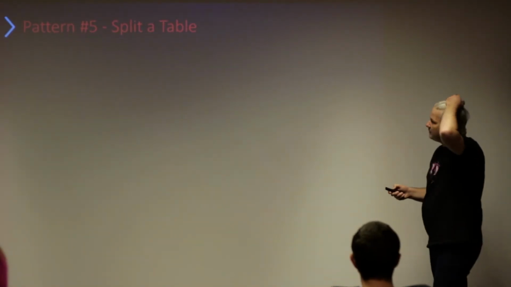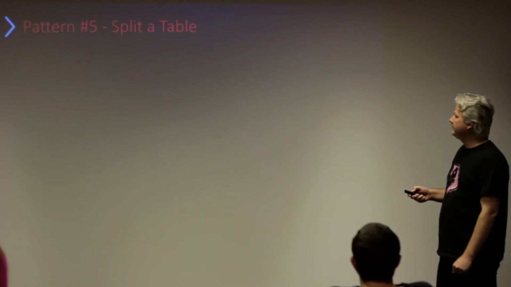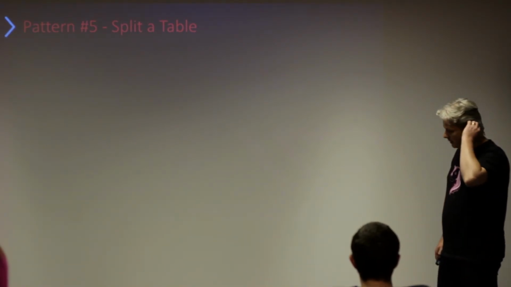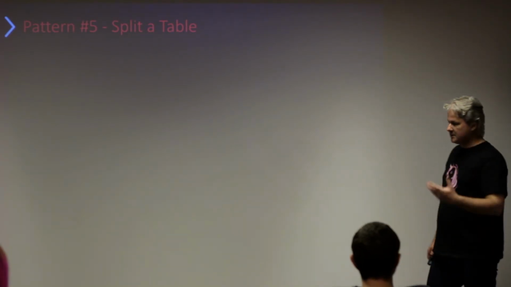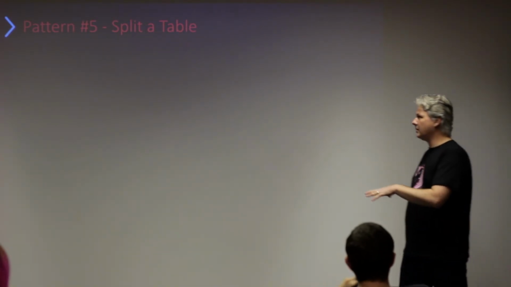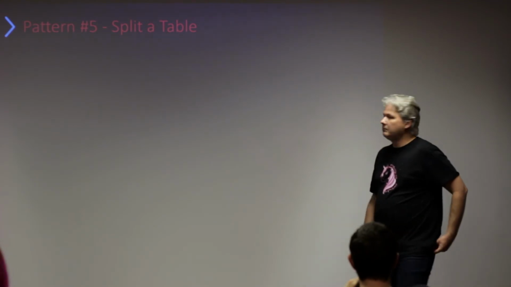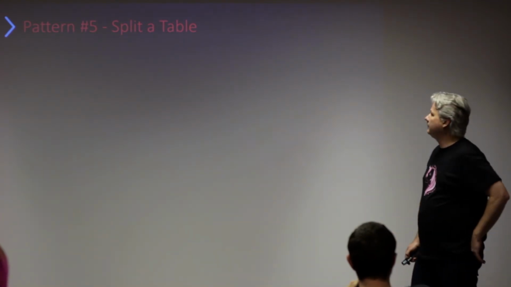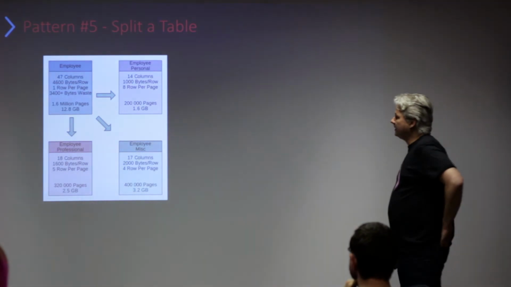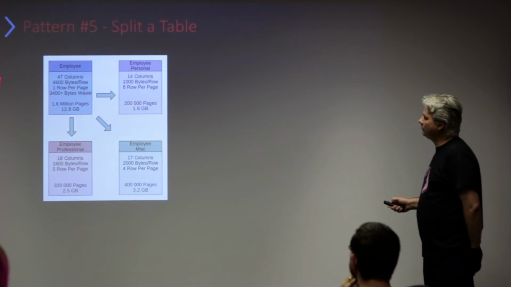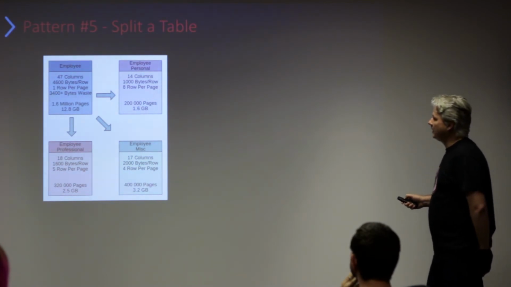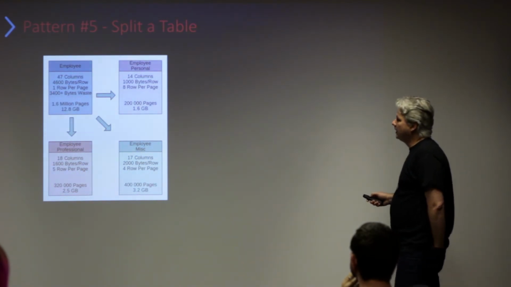All right. Wanted to talk about one last pattern, and then we're pretty much done. Split a table. I've seen this a couple of times, and I just thought it would be interesting to come to this talk not with only introductory concepts, but to talk about maybe a bit more complicated topic. So just out of interest, and something that we picked up as we were going, we had this system where there's a large amount of data in this employee table.